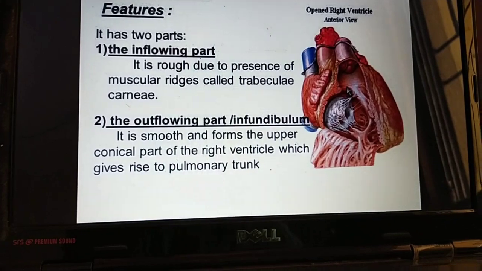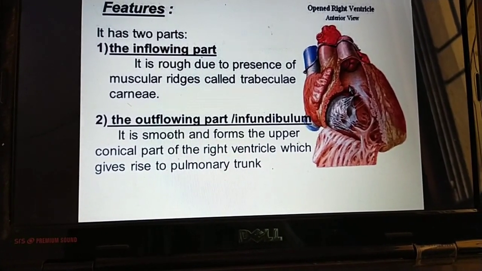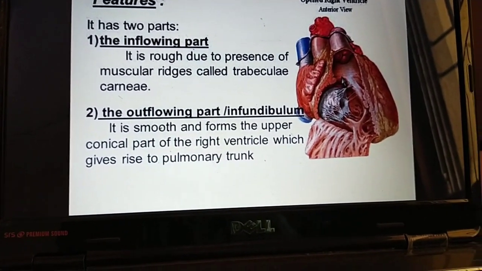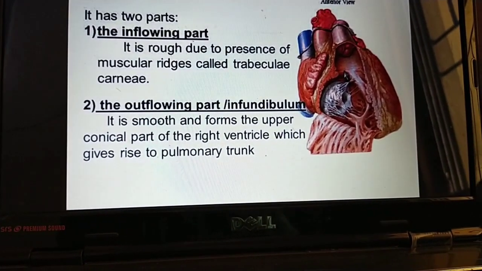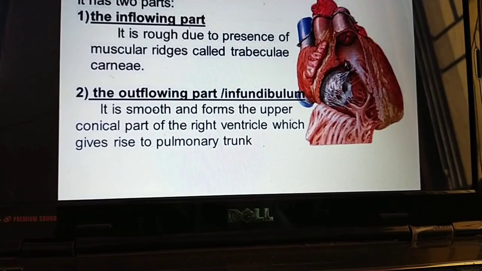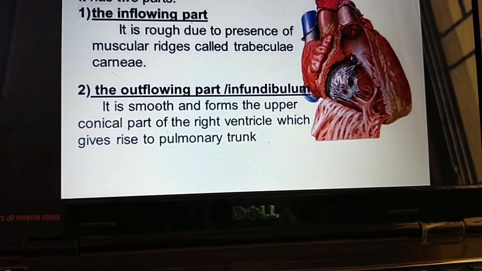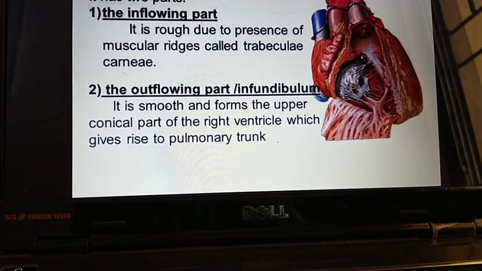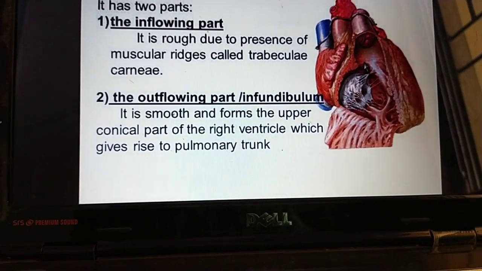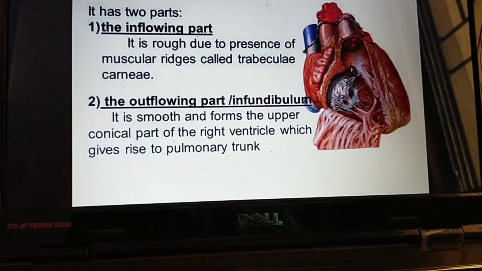The inflowing part contains some structures or projections, because of that it looks rough and irregular. The outflowing part does not have those structures or projections of the ventricles, because of that it is smooth.